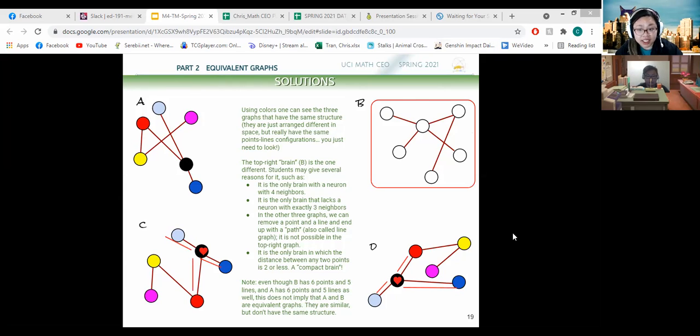The one that is the odd one out is B because there's one dot that has 4 neighbors, whereas everyone else has at most 3. So in this one, there's that dot with the heart, and there's 1, 2, 3, 4 neighbors. So that's why graph B is the odd one out.